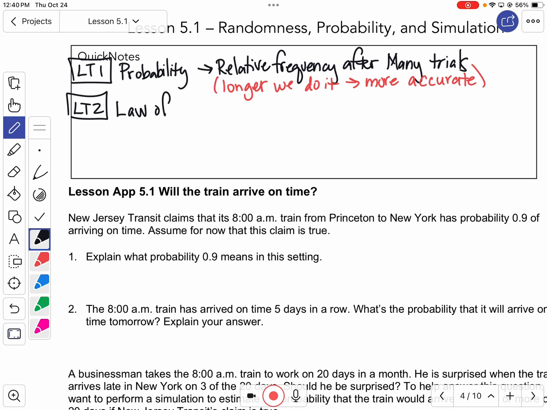The second thing is the law of large numbers.